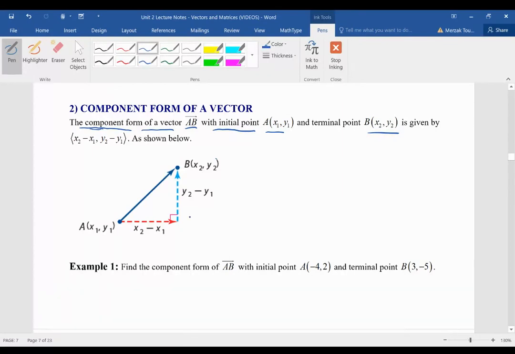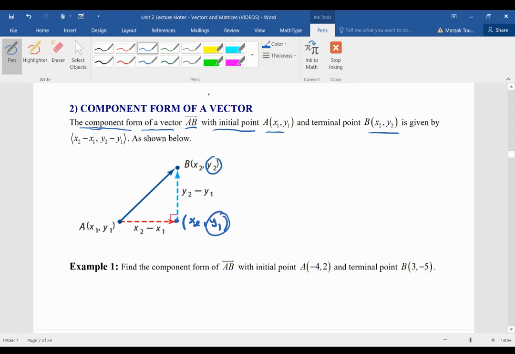Actually, let me show you this. So this is x2 comma y1, this point. So if you want to find the vertical, it's y2 minus y1.